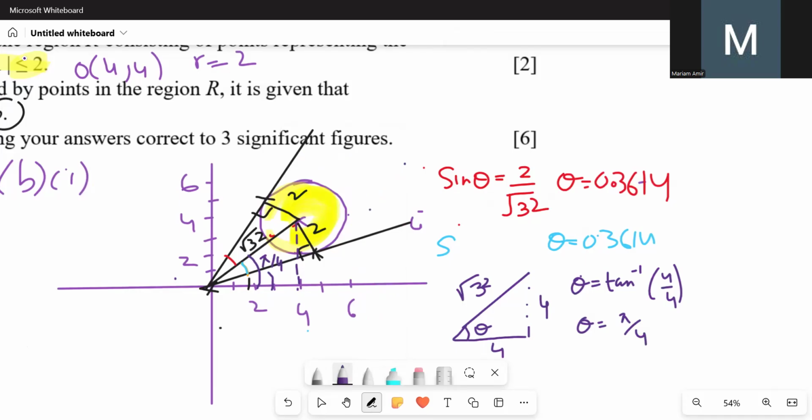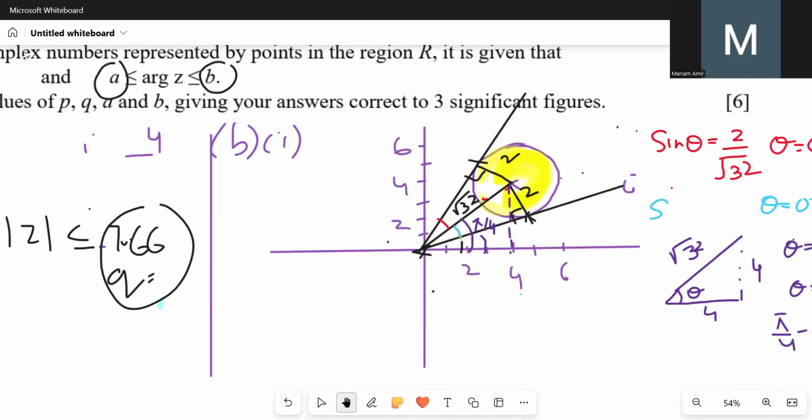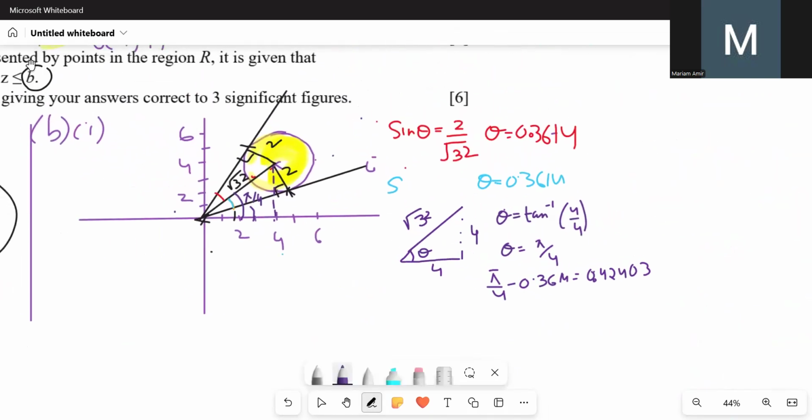Subtract the blue angle from it, so pi by 4 minus 0.3614 gives us 0.42403. Okay, so that is going to be the least value of the argument, which is A. So A is equal to this.